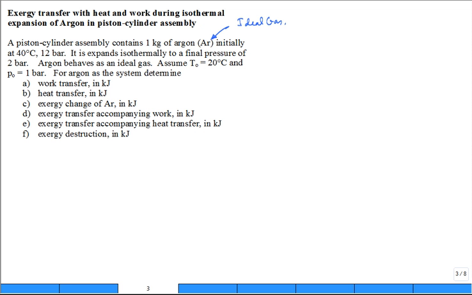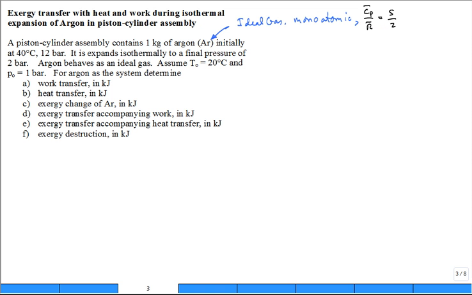Because the specific heats are constant. The specific heats are constant because you really have only one mode of energy storage. So this is really important. Whenever you see argon or helium or other gases that are monoatomic, you can go to the textbook and you'll find the relationship C sub P bar divided by R bar is 5/2, meaning we know R bar is constant.